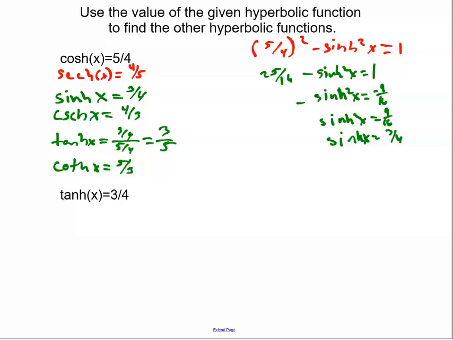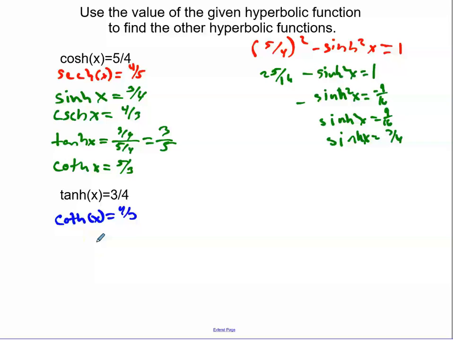All right, so last one. Again, start with the easy one, hyperbolic cotangent. So start with your reciprocal one. That's going to be the easy one to find out. And then look at your identities. Again, specifically those first 3 identities are what's really going to help you on these problems.